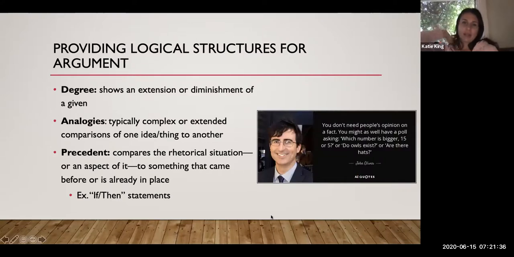And finally, think about the logical structures that you're using. The first one is so important: degree, the degree to which something occurs or exists or is important.